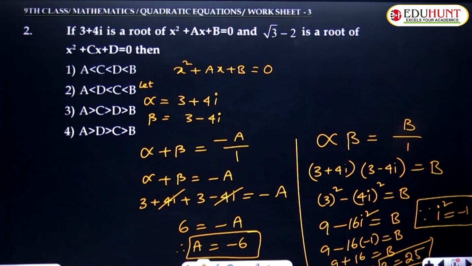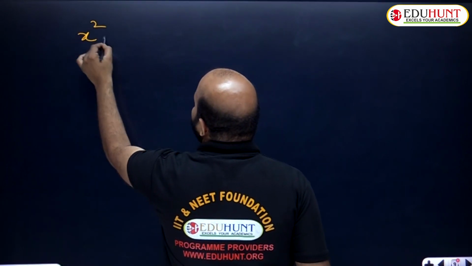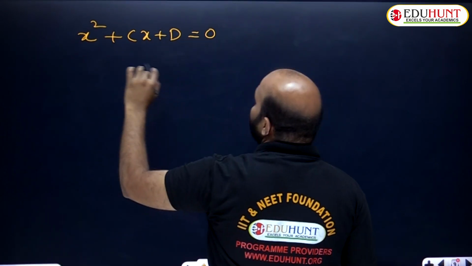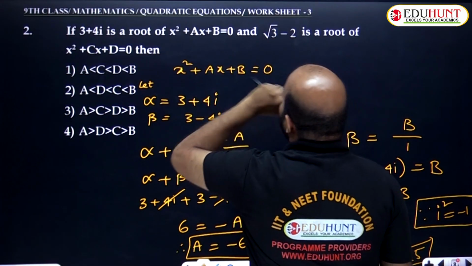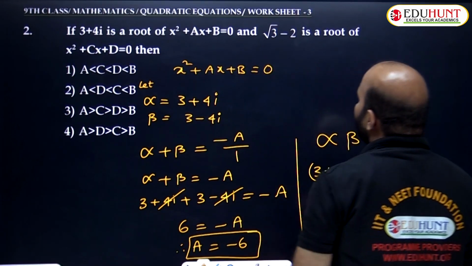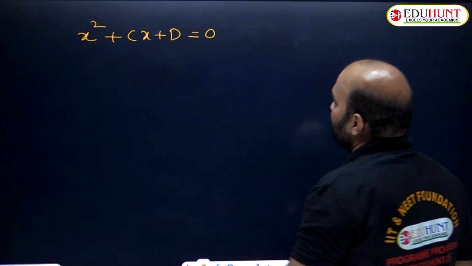Am I clear? So next one, what is the second quadratic equation here? x square plus cx plus d equal to 0. So this is the second equation. But in that second equation, root 3 minus 2 is one of the roots of the second quadratic equation.